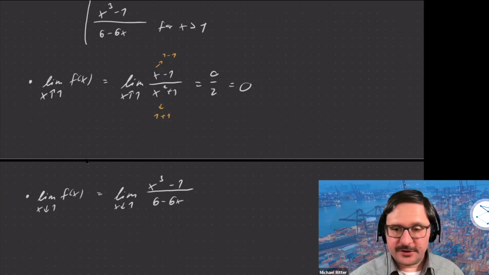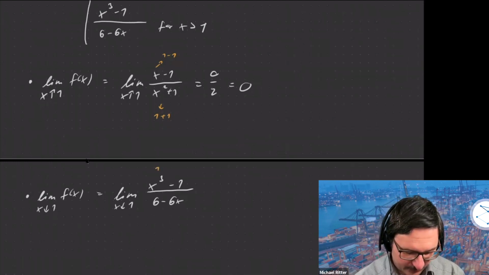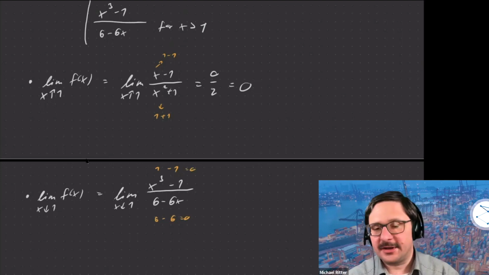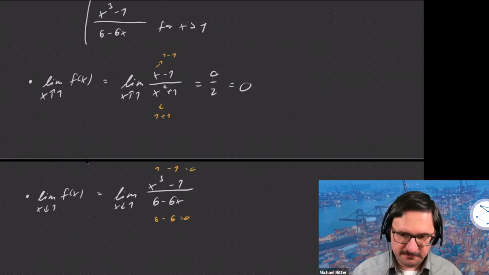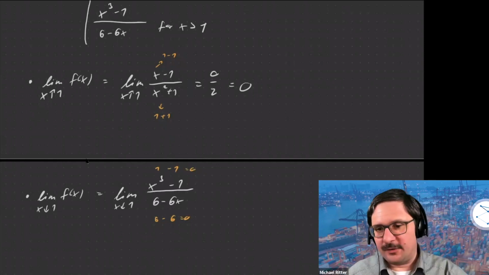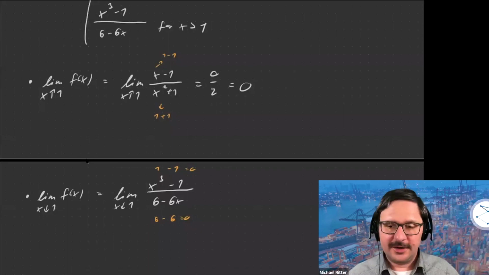Now again, if we try to just substitute 1 for x in here, we get 1 minus 1 and 6 minus 6. So we get something of the form 0 divided by 0. And we're back in basically the case of 10(1)(a). So we know that 1 is a root of both polynomials.